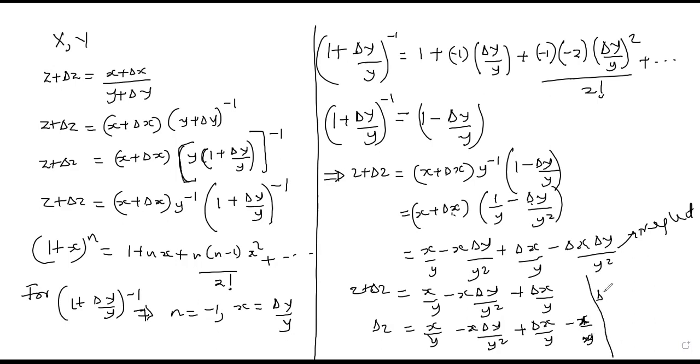our delta z is equal to, we can begin with the delta x over y, then minus x delta y over y squared.